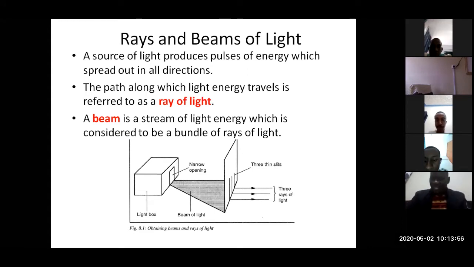Now, Mohammed Abdallah, can you give us the difference between translucent objects and transparent objects?